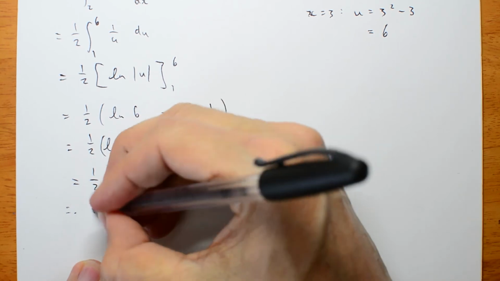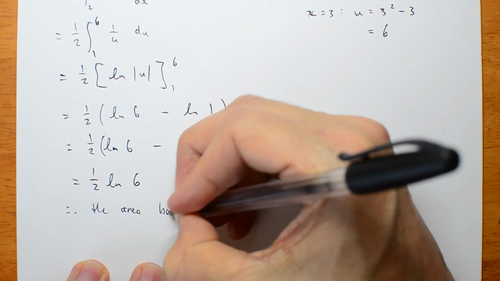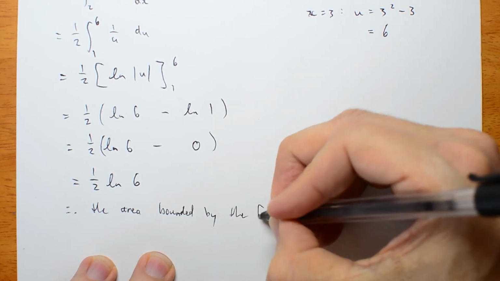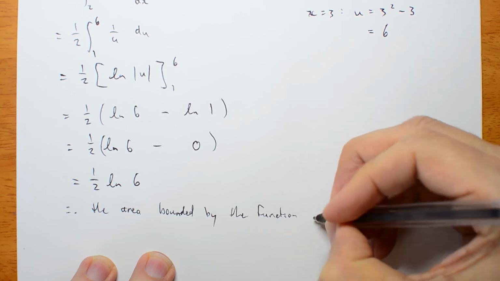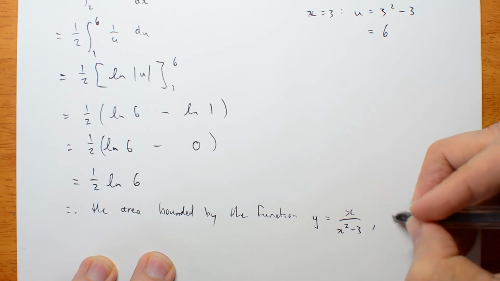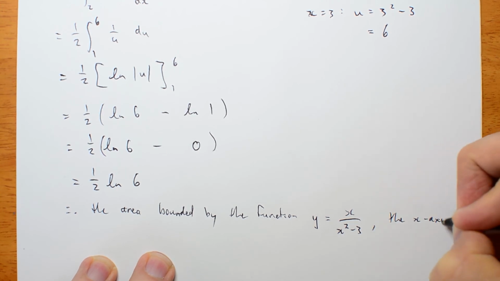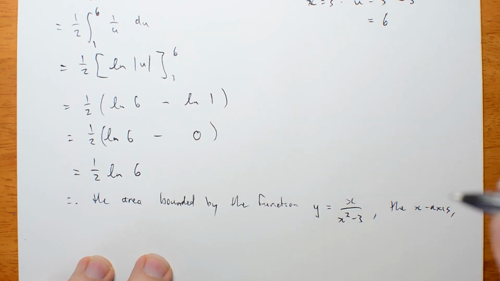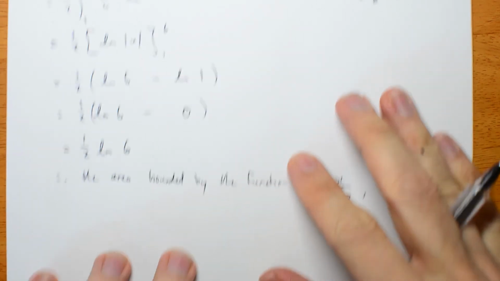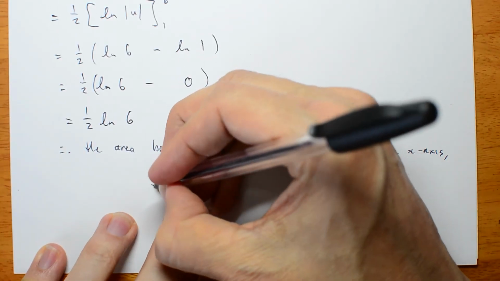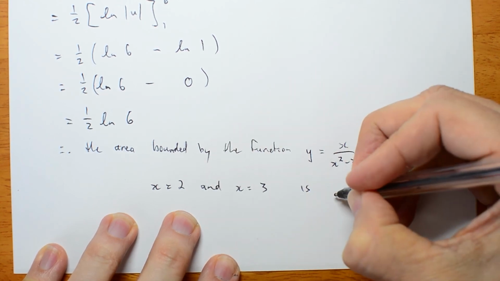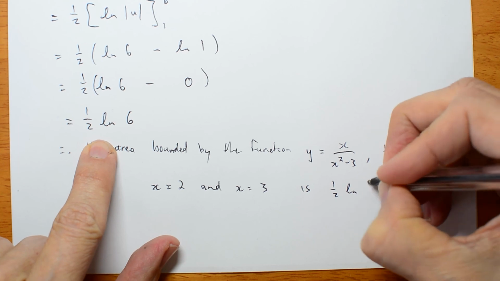So the area bounded by the function y equals x over x squared minus 3, the x-axis, and those two lines, x equals 2 and x equals 3, is, what's the area? Half ln 6.